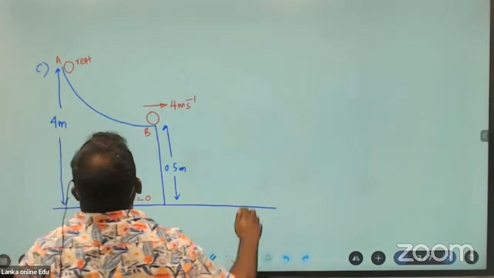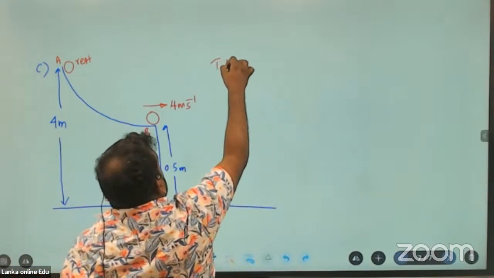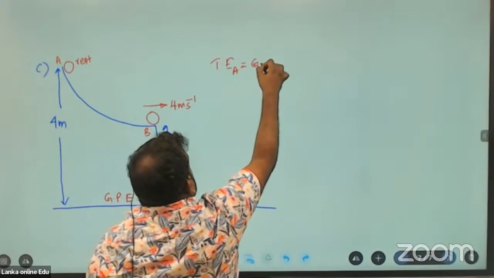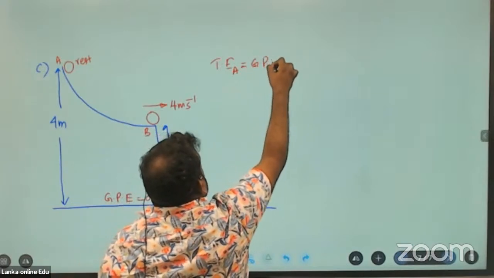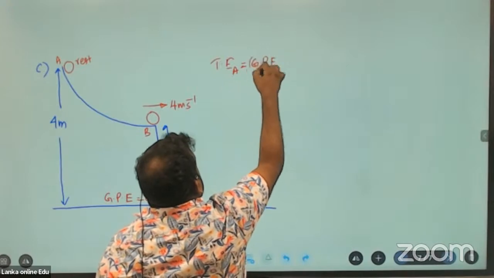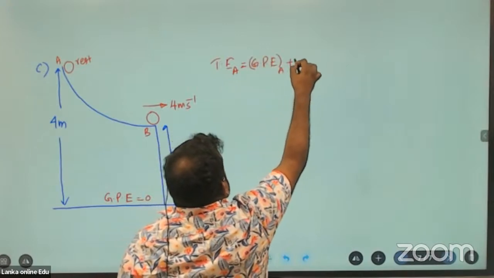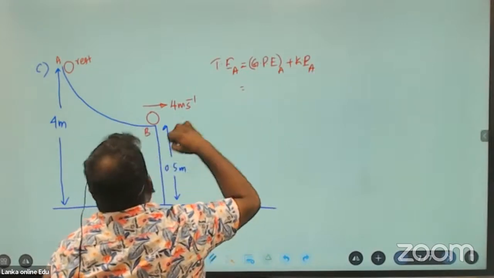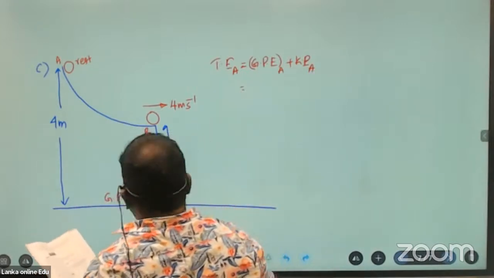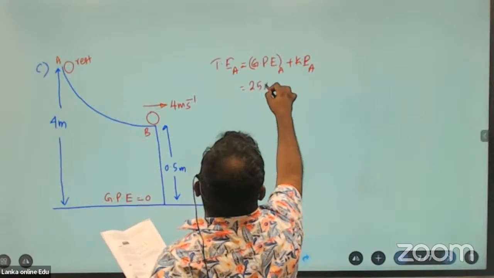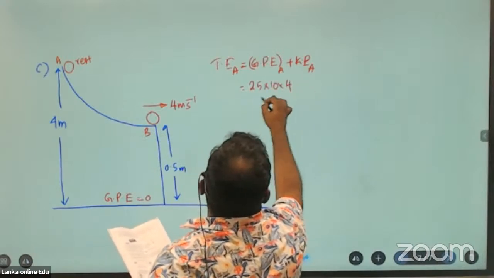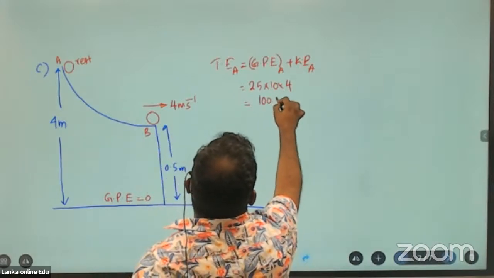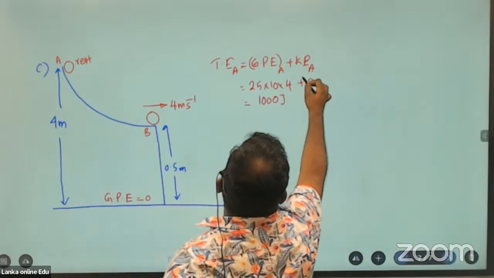So work done by friction. Total energy at A is gravitational potential energy plus kinetic energy at A. Gravitational potential energy is 25 G H, 250 times 4, 1000 joules. No kinetic energy.